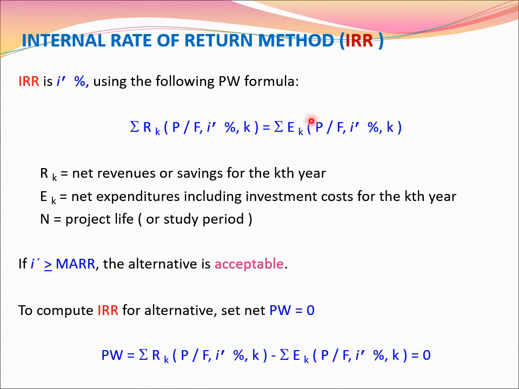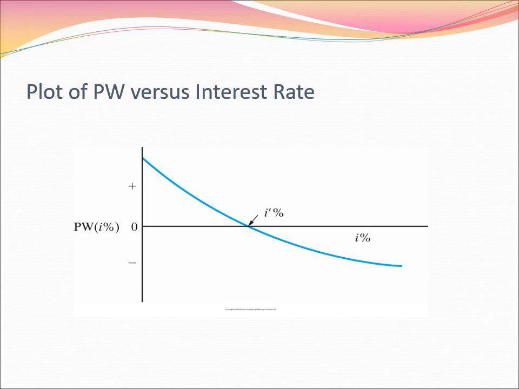Okay, so we can represent this in another way. Simply, we find the present worth of the cash flows, revenues minus expenses, and we set this present worth equal to 0 and find the interest rate that makes this present worth equal to 0. And when we find it, we compare it with the MARR. So depending on different interest rates, the present worth will take different values.